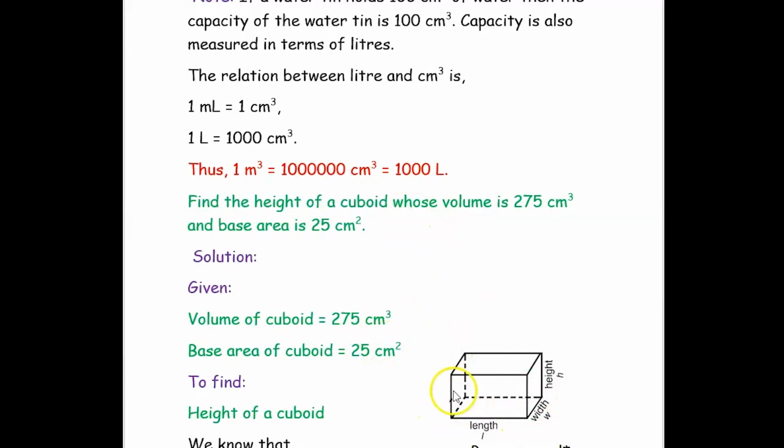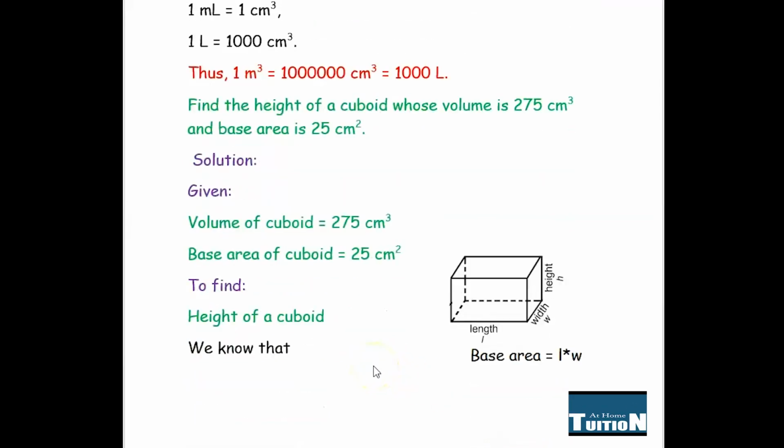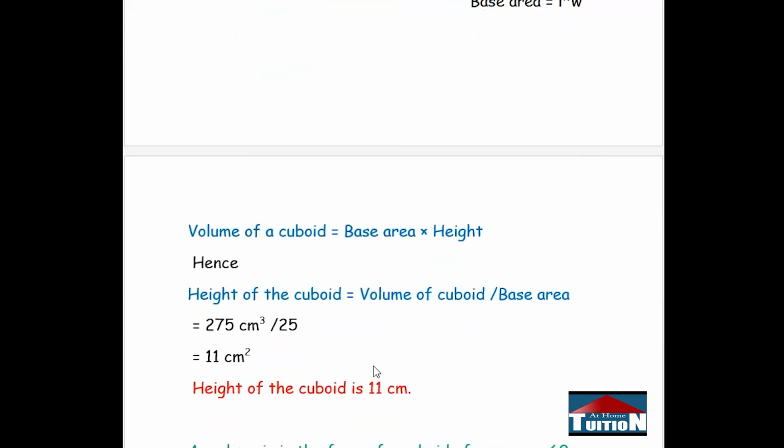We know that the base of the cuboid is in the shape of a rectangle, so the base area will have length and width. The area of the base rectangle is length times width. That is the base area of the cuboid. We know that the volume of a cuboid is base area into height.